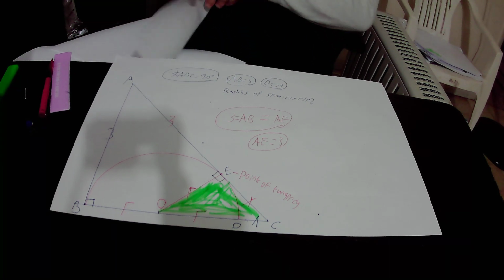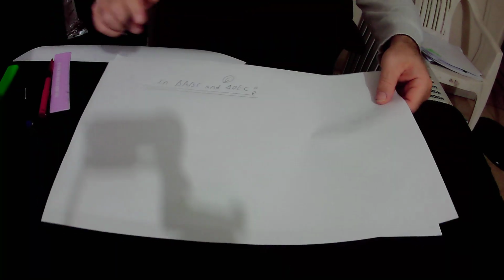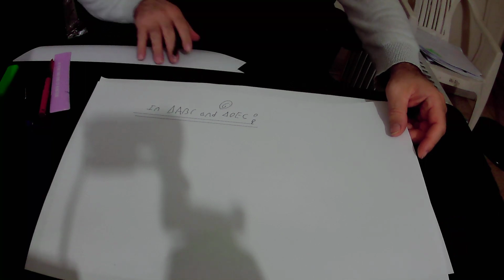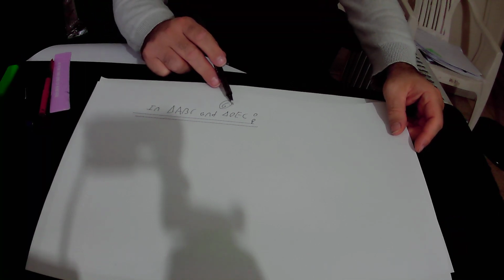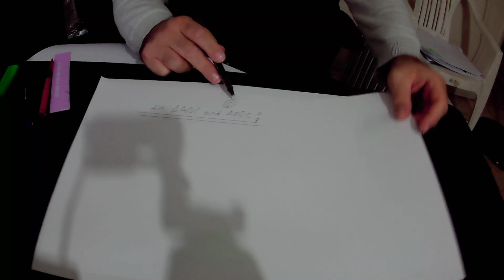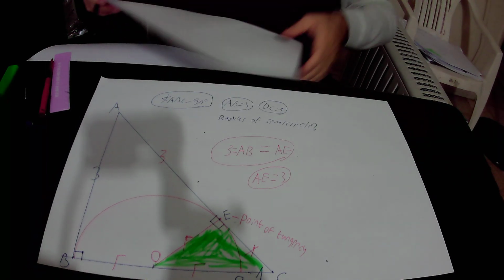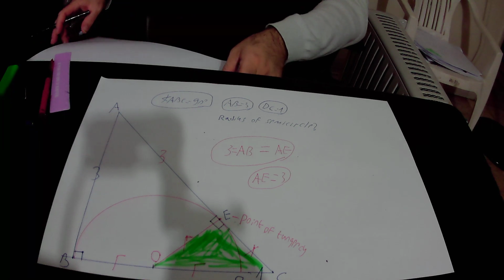I will repeat again that we will focus on the right big triangle ABC and on the green right small triangle OEC. And we will prove that those two triangles are similar to each other.